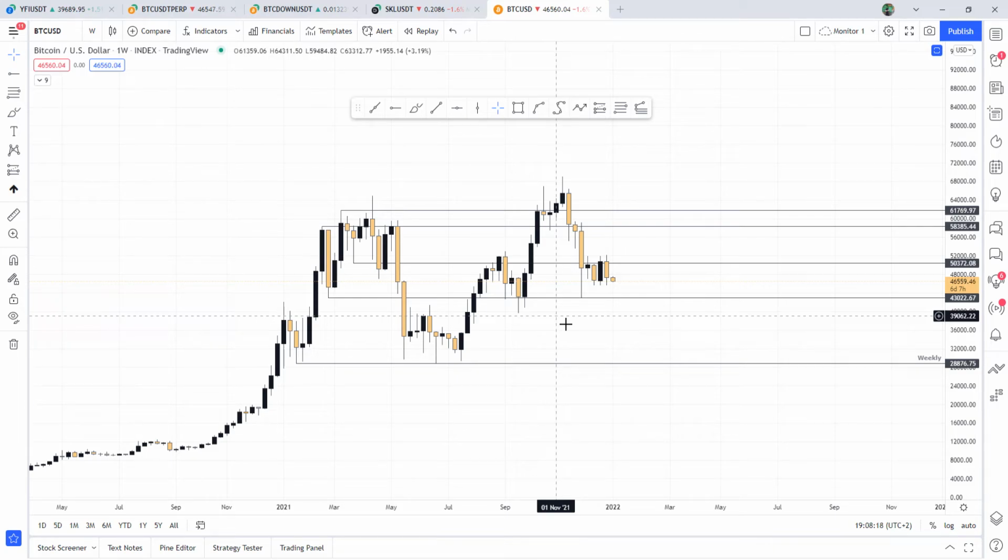If it's on the weekly, the level is stronger, and you can have more trust in that support or resistance. A daily level is also strong, but not stronger than weekly. A 4-hour level is strong, but not stronger than daily or weekly.